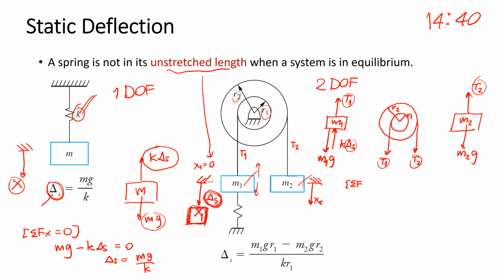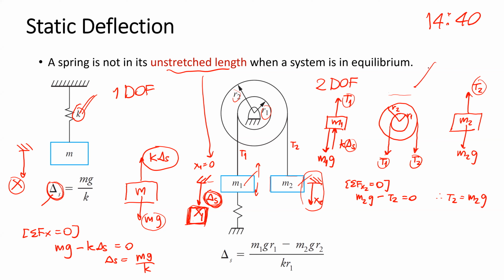Actually, if we assume x1 positive downward, x2 should be upward, but it's not that important because summation F in the x2 coordinate will be equal to 0 in the static equilibrium, which means M2g subtract T2 equals 0. T2 equals M2g.